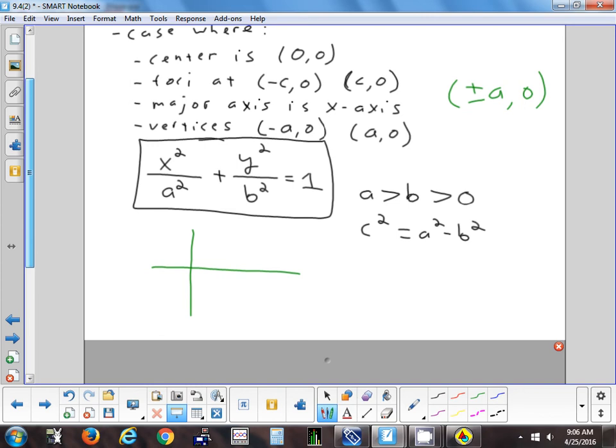Could I sketch an ellipse that doesn't cross any of these axes if its center wasn't at the origin? Yeah, you could have an ellipse just in quadrant 1. So if I said to you, look for the intercepts to graph it, that's not going to help there. An ellipse doesn't always cross the x- and y-axis. It could, if it was like that, but not always.